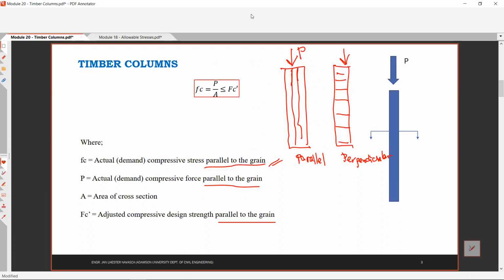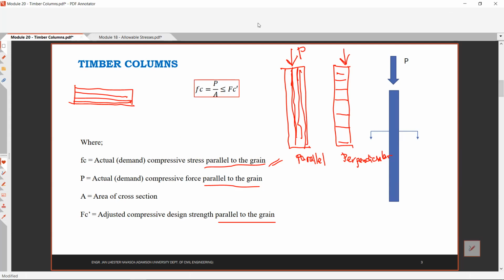Therefore, the NSCP code provisions recommend orienting your timber column in this manner, at least parallel to the grain. Going back, if you remember, for beams the recommendation is this, where the grains are here. For columns, the recommendation is to have the grains like this.